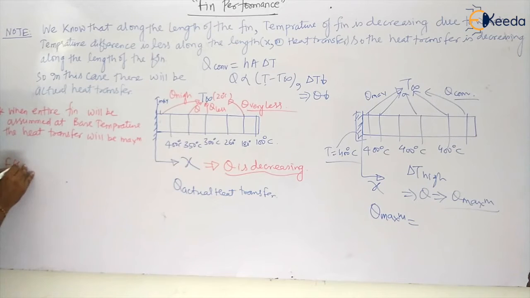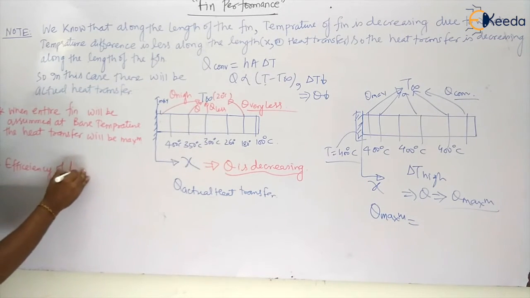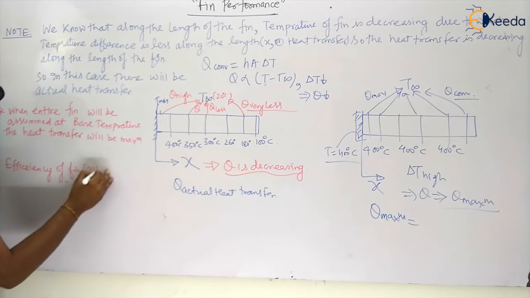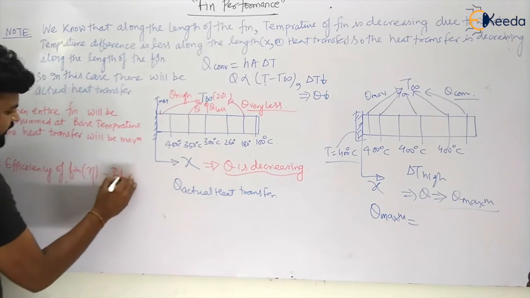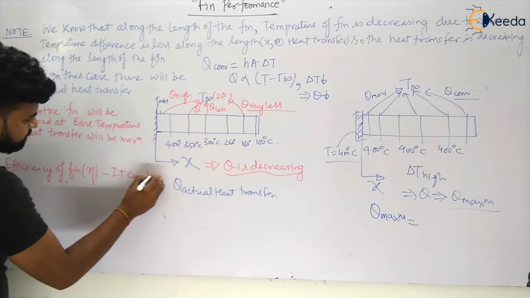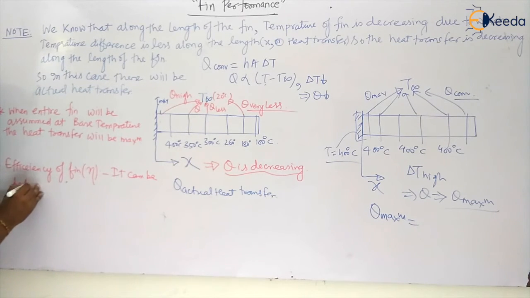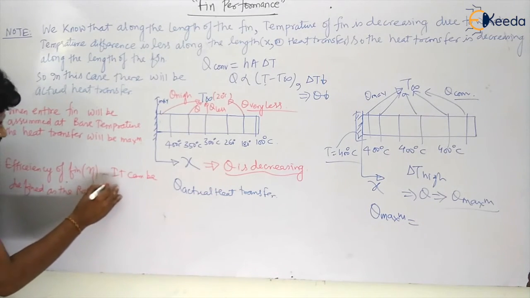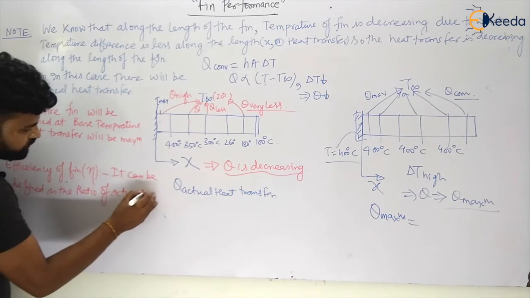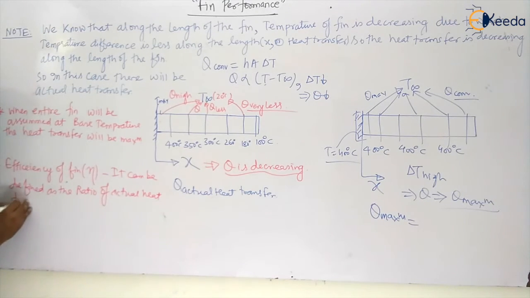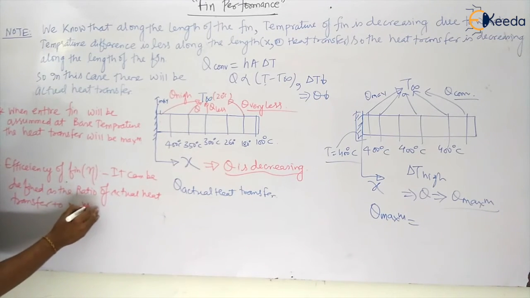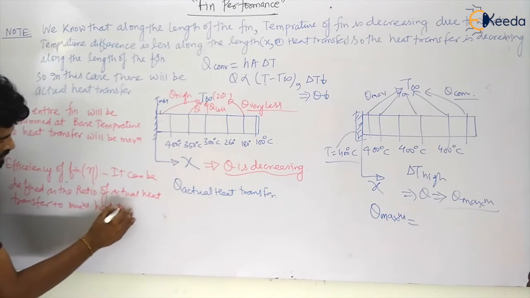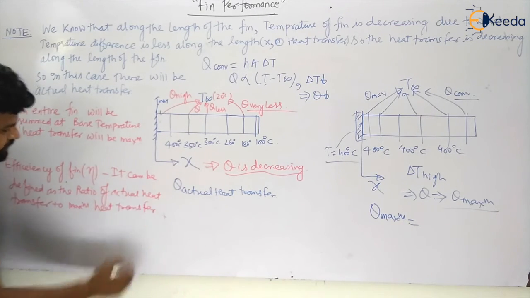The efficiency of the fin, that is eta, can be defined as the ratio of actual heat transfer to maximum heat transfer, my dear students.